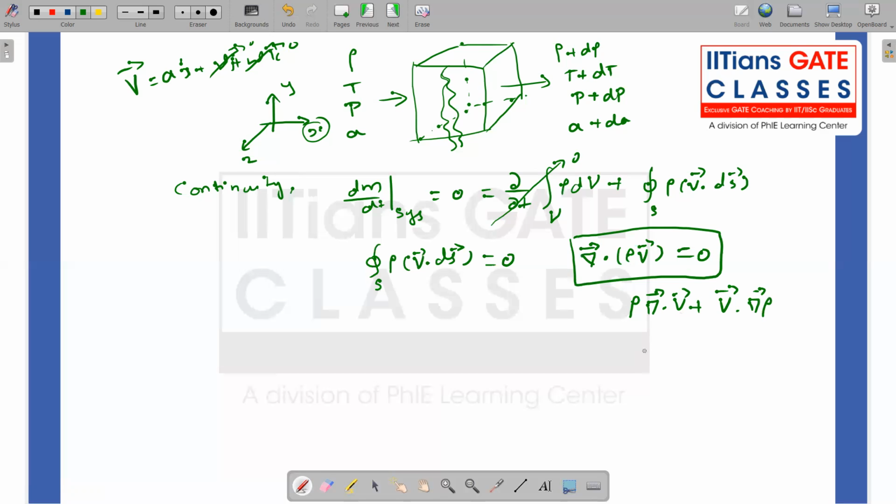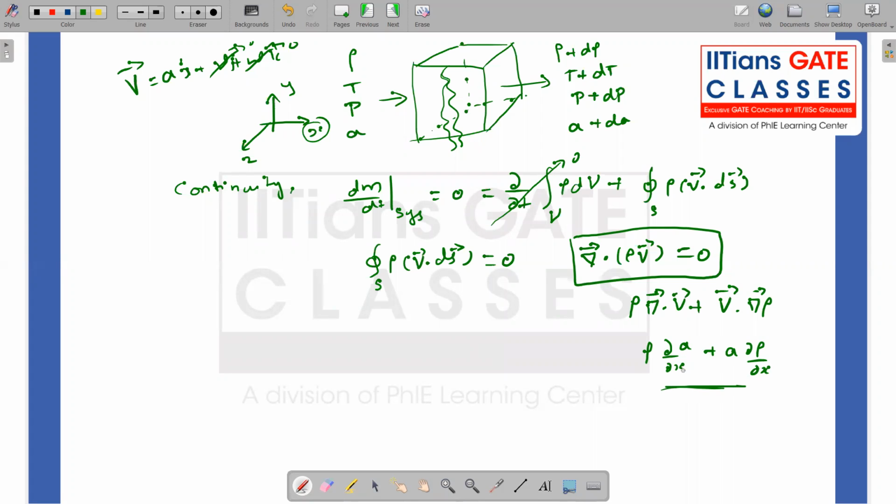So divergence of velocity is rho times dou by dou x of a, I have only one component. Similarly, a times d rho by dx. All other components which come out of the gradient are going to be 0, because the other two components of velocity which are multiplying are 0. So I'm just left with this equation.